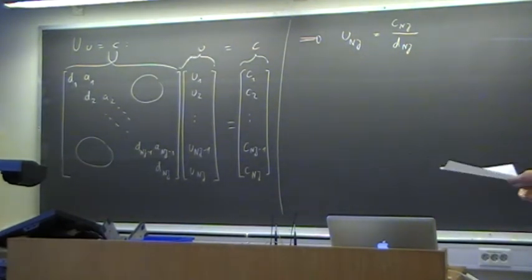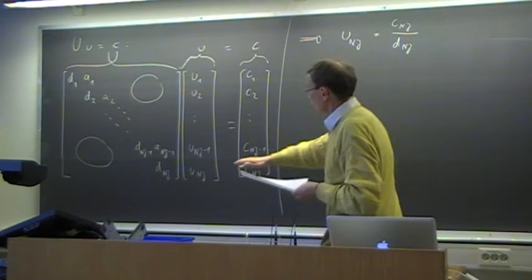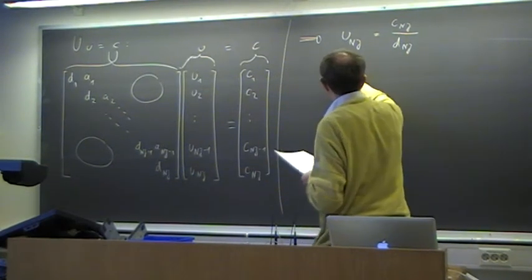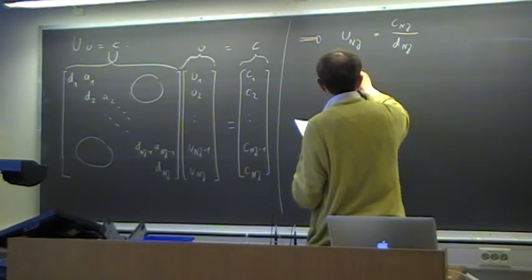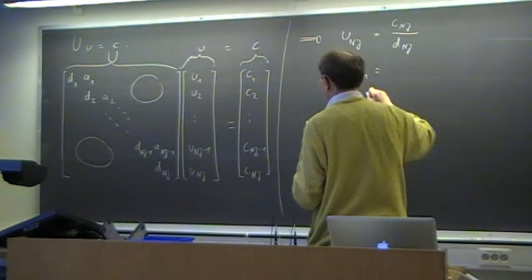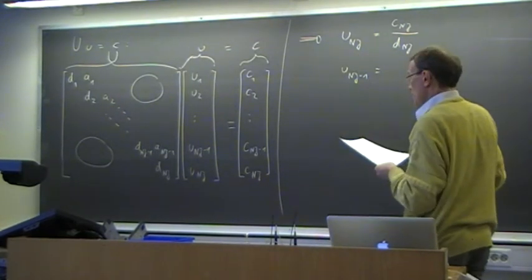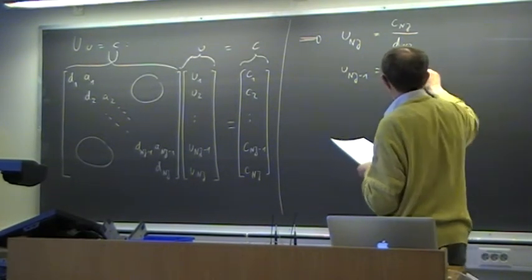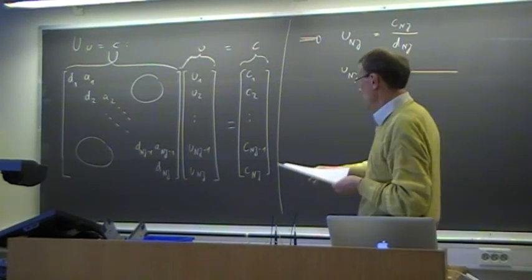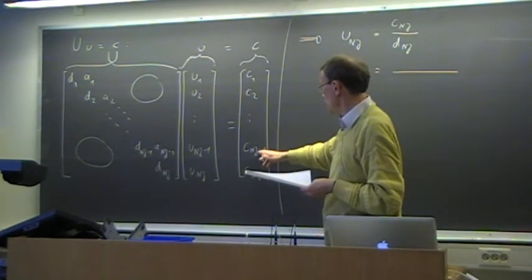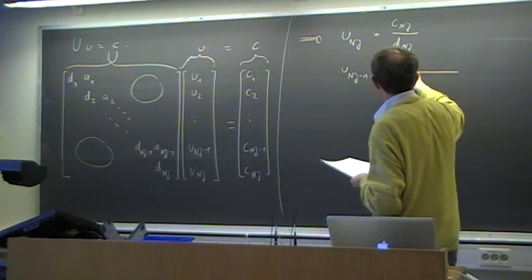No problem. Then we go to the next but last row to determine the u nj minus 1. And there we see we first have to compute the c nj minus 1, that is on the right hand side.